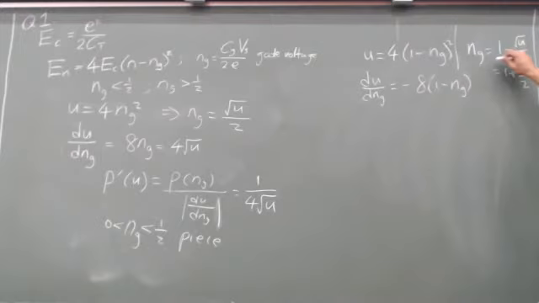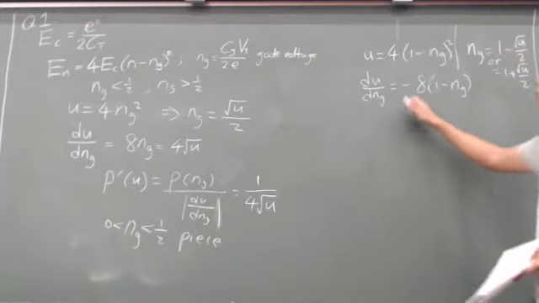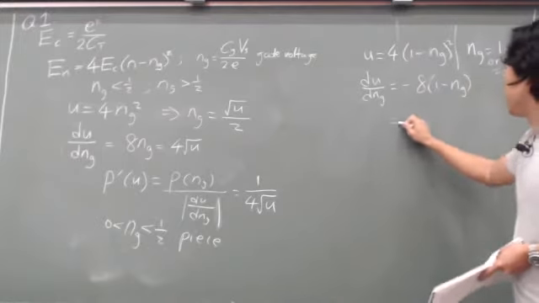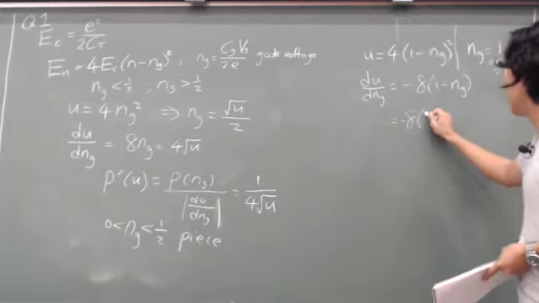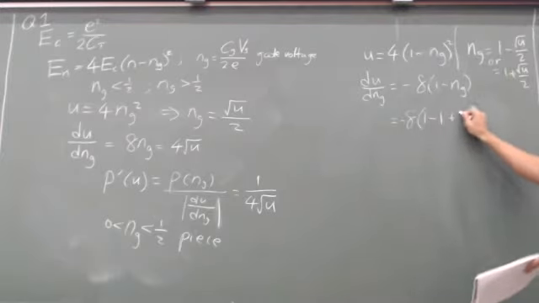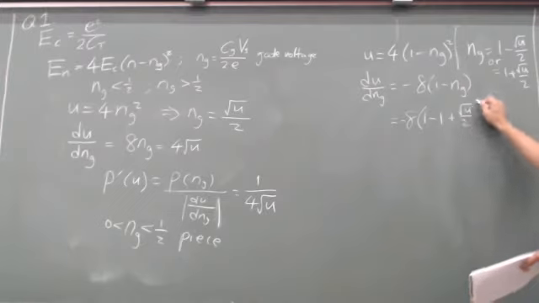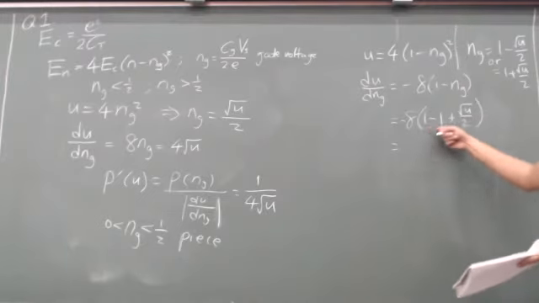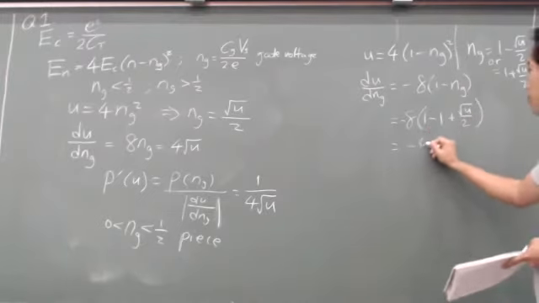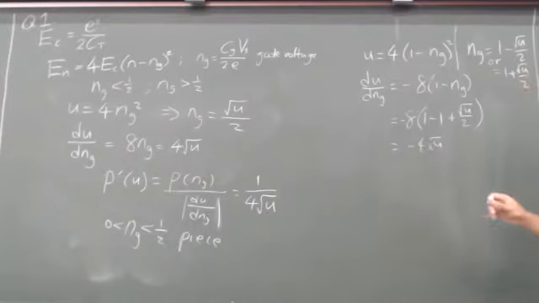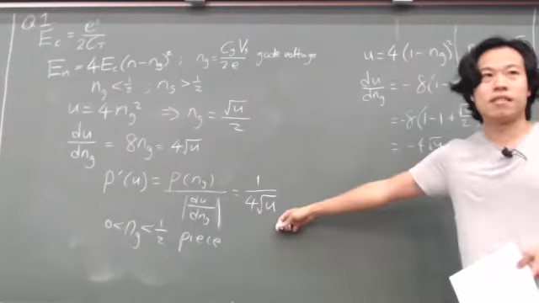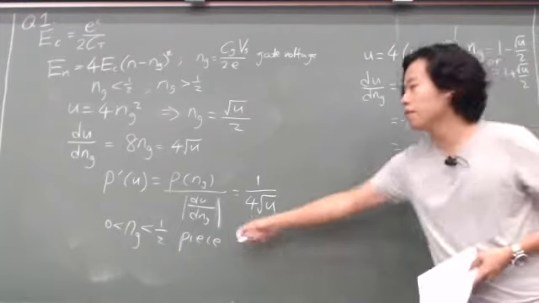So let's try both out because it's either or. So for the first case, putting that in, we get minus 8 times (1 minus (1 plus root U over 2)). Then the ones cancel out, so I end up with minus 4 root U, which is exactly the same as that, after you take the absolute value.